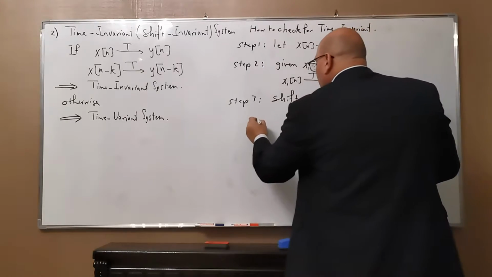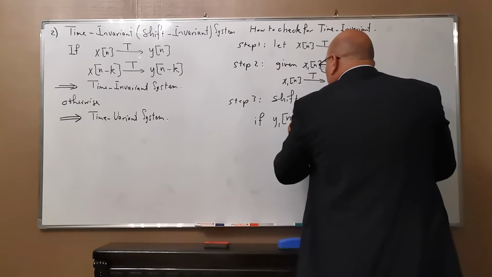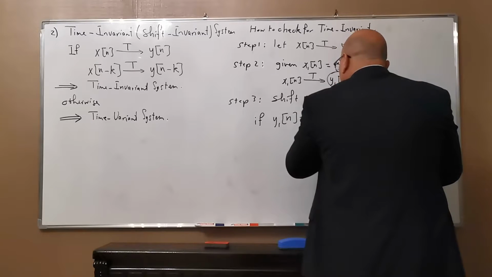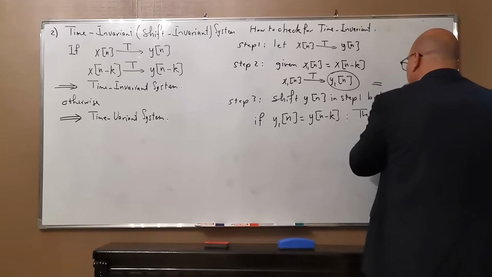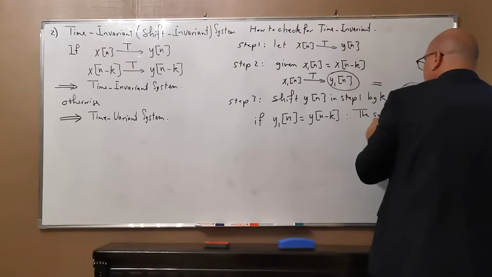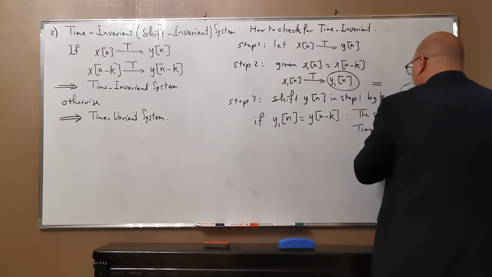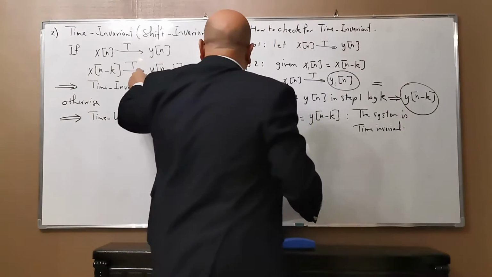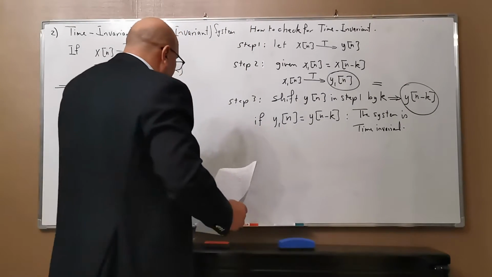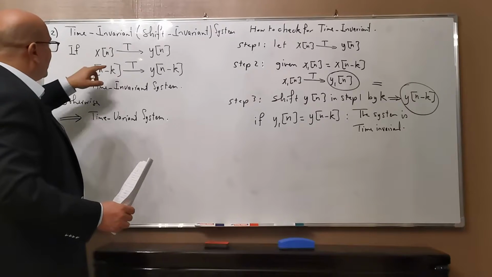So if y1 of n equals y of n minus k, then the system is time invariant. And it's exactly implementing those steps. Those three steps are actually applying the definition of time invariance.